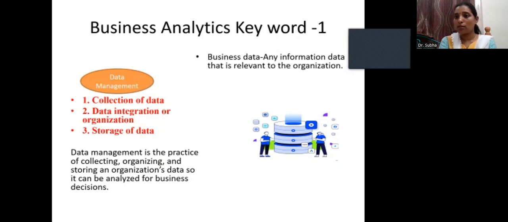As a data analyst, your responsibility is to collect the data from various sources. After collecting it, you have to store it.